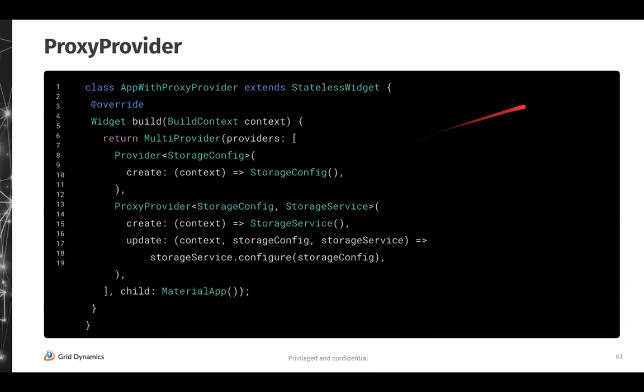So the thing is that we use provider to expose some value which is not dependent, and then we have to use proxy provider for some value which is dependent on storage config, like in our case, the storage service, and it depends on storage config. And that is the reason why we have to use proxy provider for providing storage service specifically. Cool, cool. Yeah, okay. Sorry about this. I got it. Okay, let's take a look at other questions.